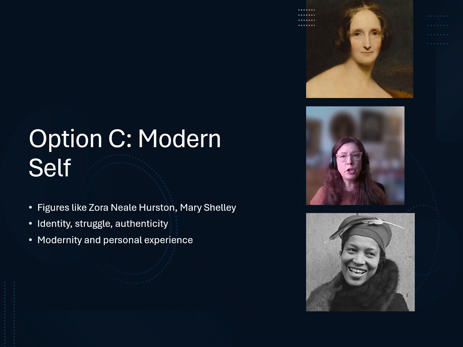What happens when human beings gain new power, but don't yet know how to live with it responsibly? In Frankenstein, a scientist creates life and then cannot control what he has made. So Shelley is not just telling a gothic horror story, she is asking something much bigger. What kind of world are we creating? What happens when innovation moves faster than our ethics, our wisdom, or our sense of responsibility?